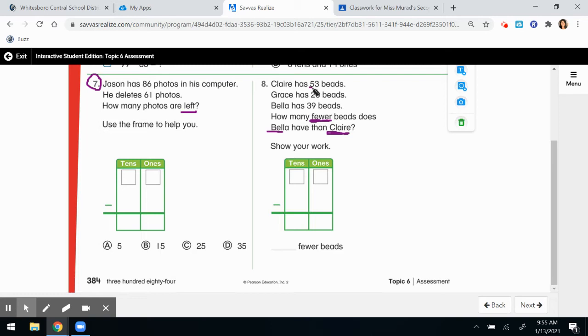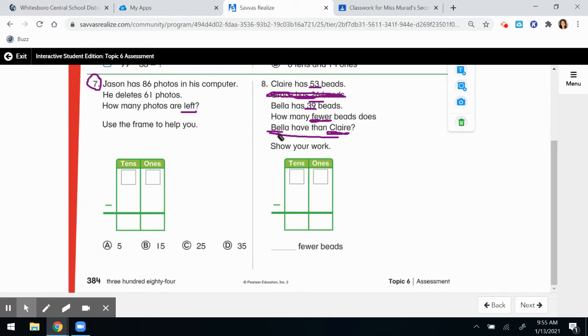So Claire has 53 beads. Bella has 39 beads. Grace has 26 beads. Did they say anything in my question about that girl, Grace? Nope. They didn't say anything about Grace. They're using Grace to try to trick you, so I would cross her off. If the name is not in the question, cross it off. That's just some extra information.